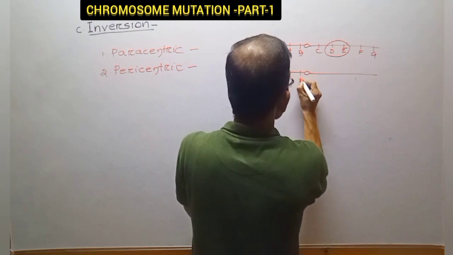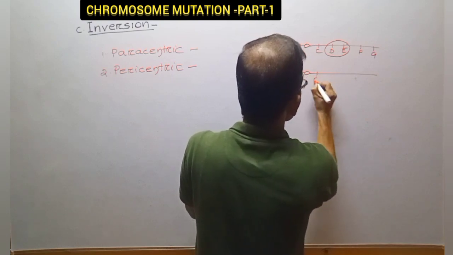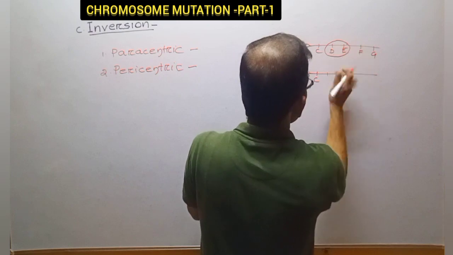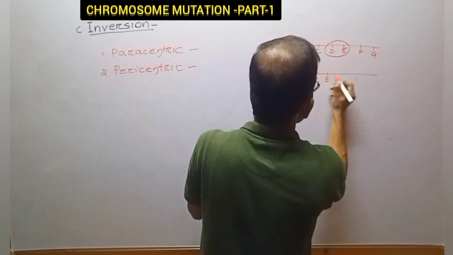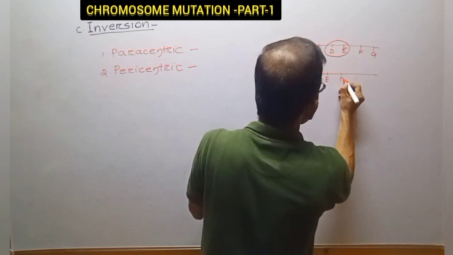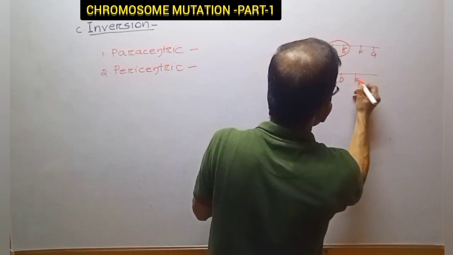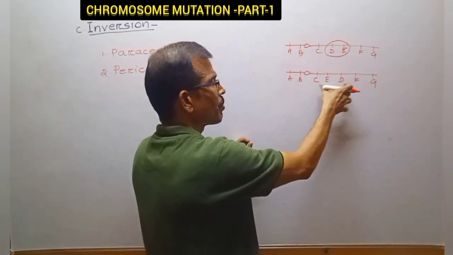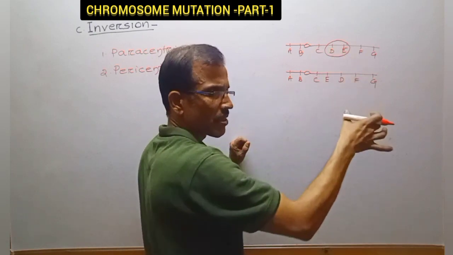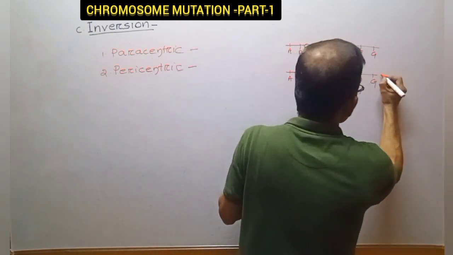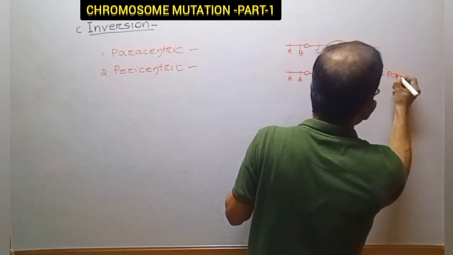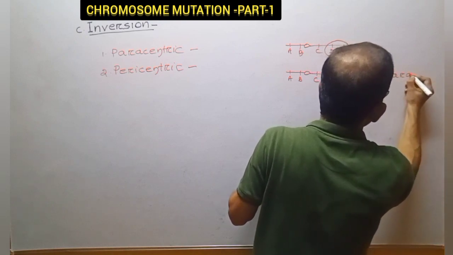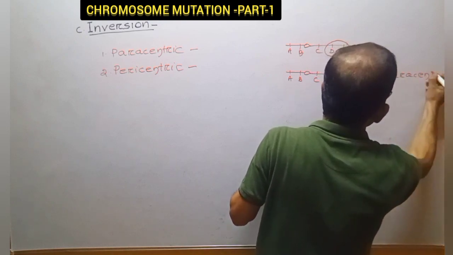The sequence will be AB, then C, then the segment is inverted, so it will be ED, following which it will be F and G. So in this process of inversion, the centromere is not included. Such type of process is known as paracentric inversion.